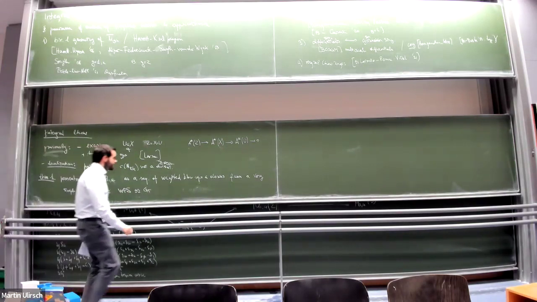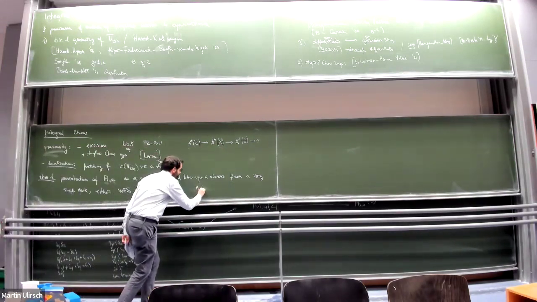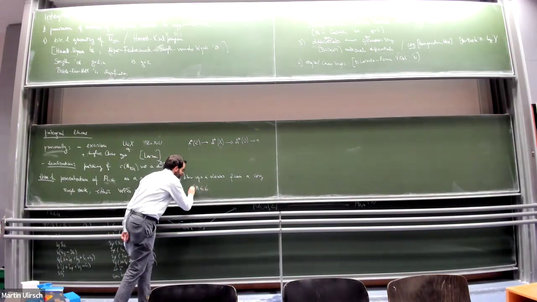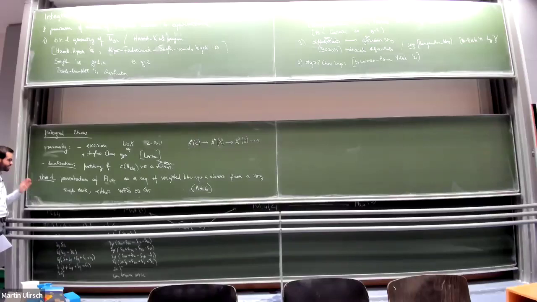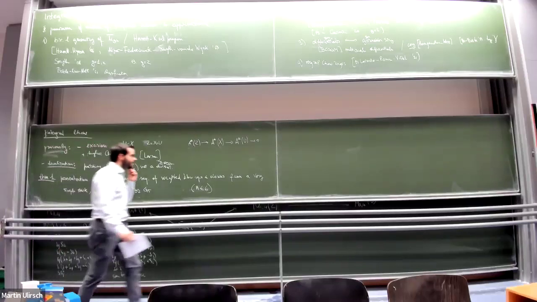So this works in the range n less or equal to 6, so for very low number of marked points.